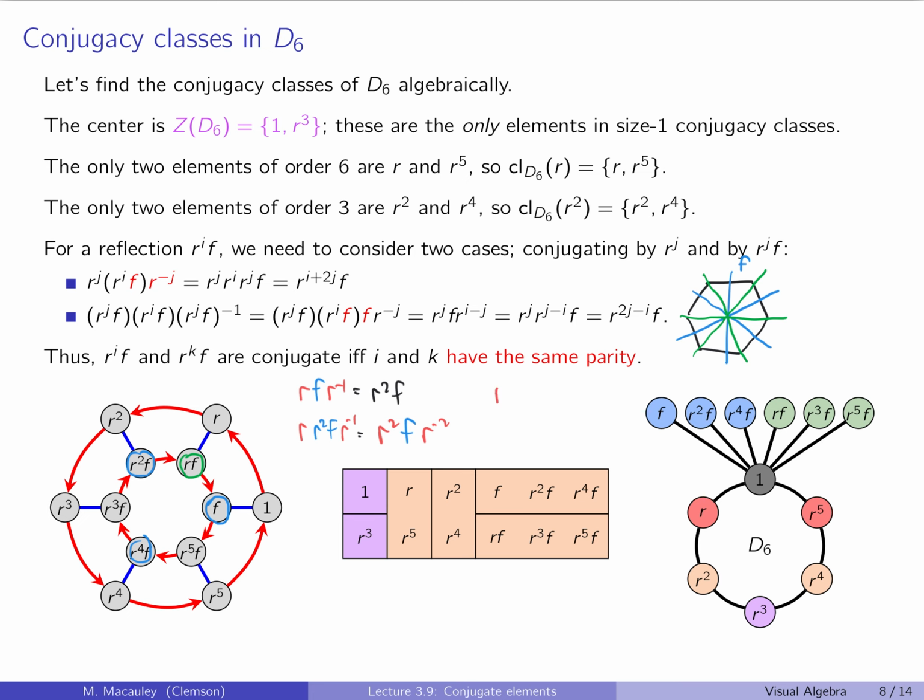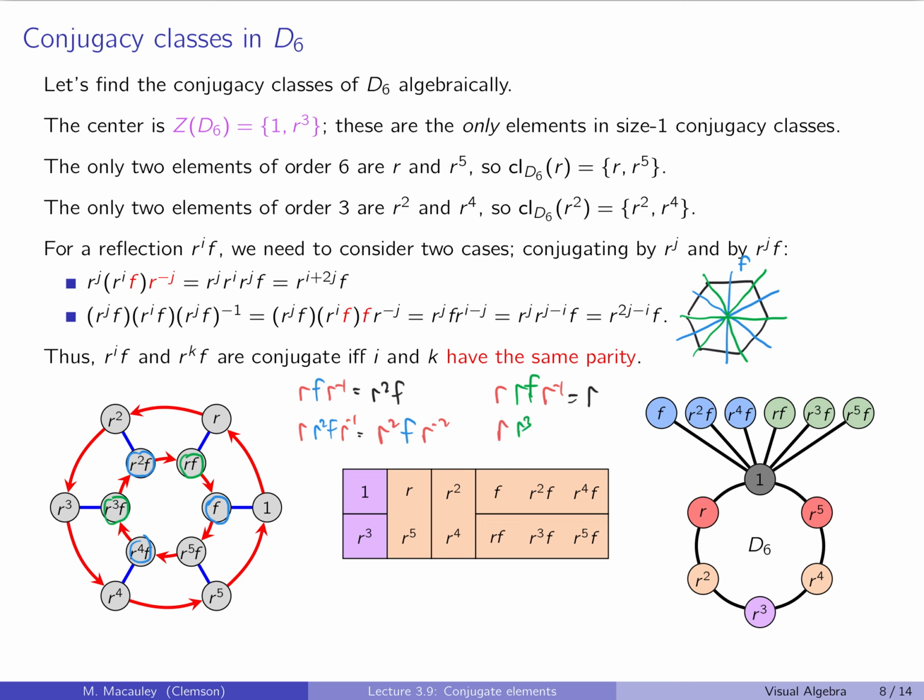So RF, then our inverse. RF is red, blue. So if we first do red and then red, blue, and backwards red, you see how we move over by 2.